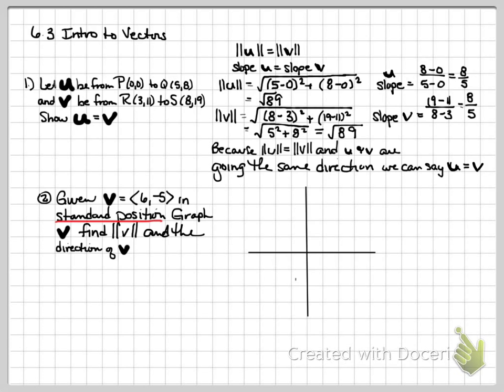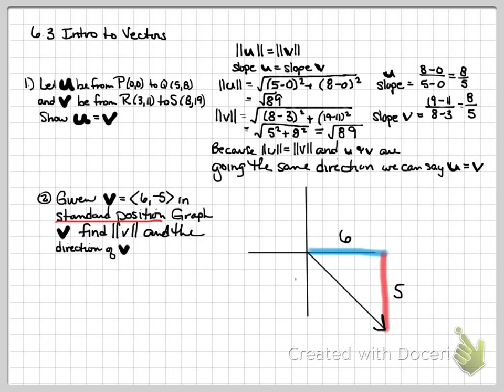So that means that since my horizontal component is 6, I am moving 6 in the horizontal direction and 5 down. Okay. So there's my vector. Now I want to find the magnitude and the direction.